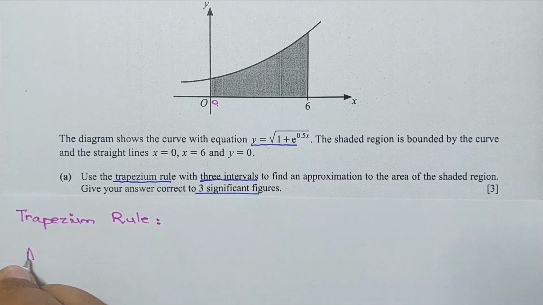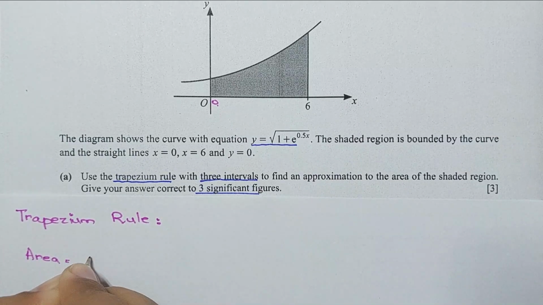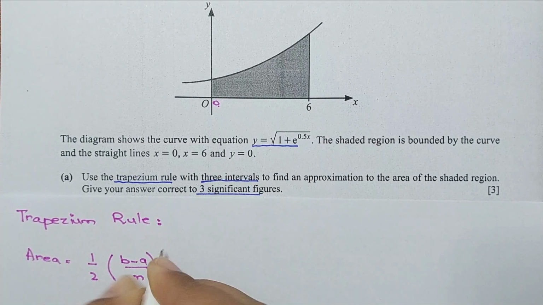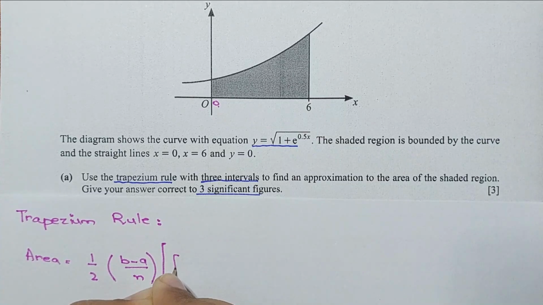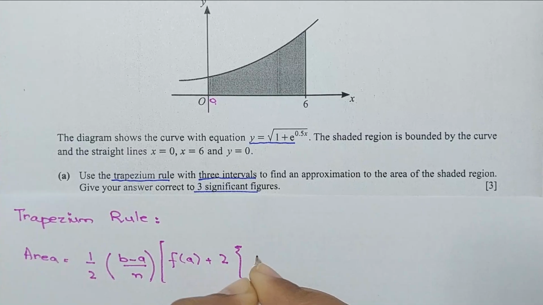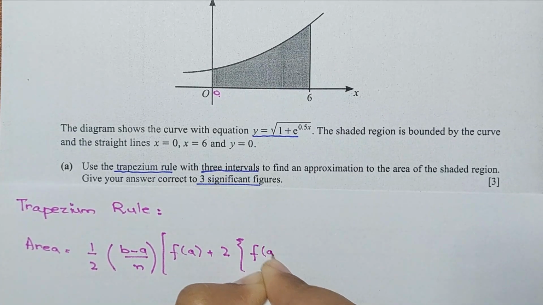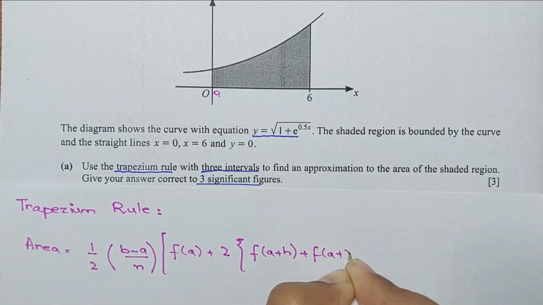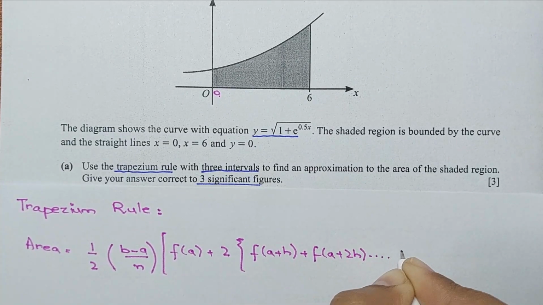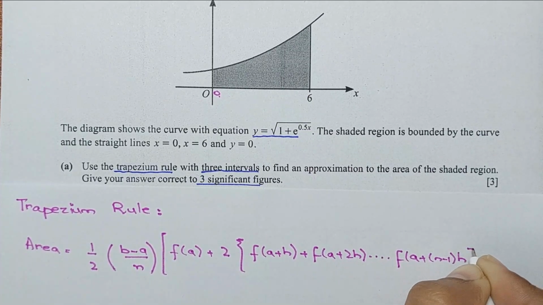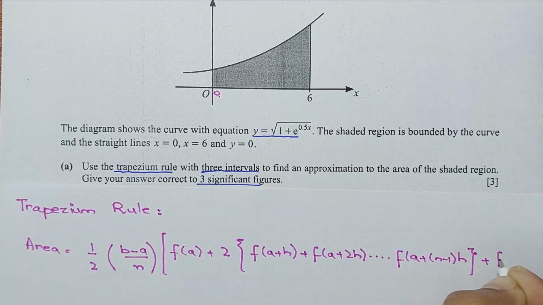So the trapezium rule is: area under the curve is half times (b minus a) divided by n, into f of a plus 2 bracket f of a plus h, f of a plus 2h, and so on up to f of a plus (n minus 1)h, and then plus f of b.